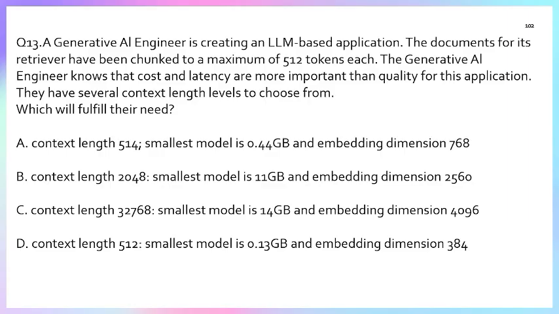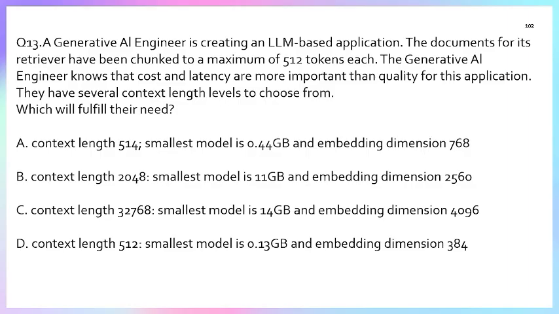So the question asked is: documents are chunked into 512 tokens each, and the engineer values cost and latency over quality. They need to choose the cheapest and fastest viable option.